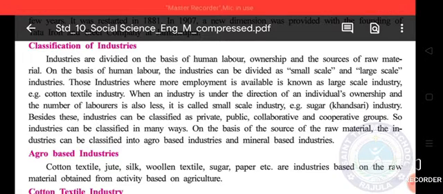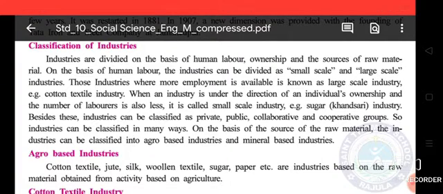When an industry is under the direction of an individual's ownership and the number of laborers is also less, it is called a small scale industry. So in large scale industry, employment availability is more, that is why it is known as large scale.